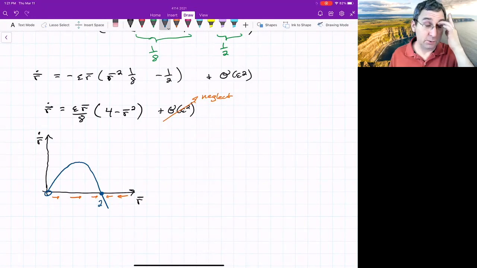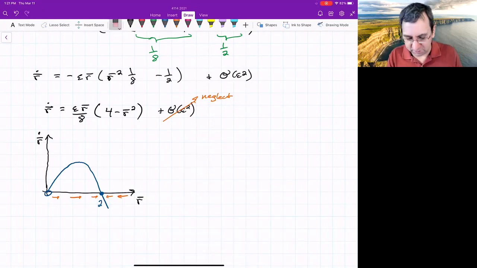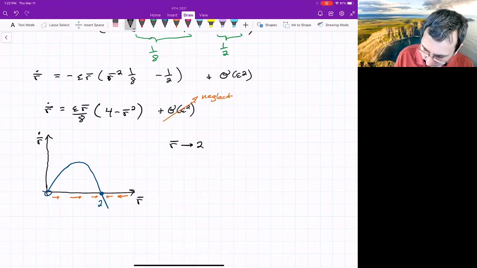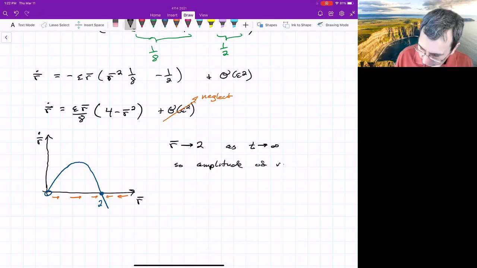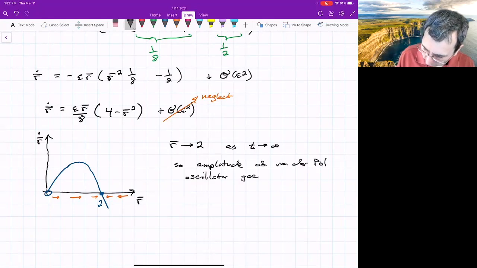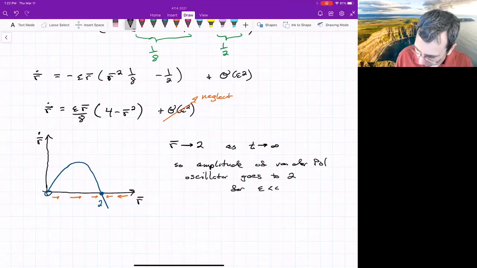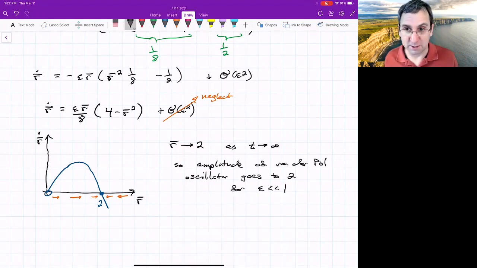So now we not only know that the amplitude of the van der Pol oscillator goes to 2 in the limit of small epsilon, we have some idea of quantitatively how it does that in terms of this average amplitude. We've got that r bar goes to 2, a stable point, as t goes to infinity. It's asymptotically approaching that. So the amplitude of the van der Pol oscillator goes to 2, remember, in this limit of epsilon small.